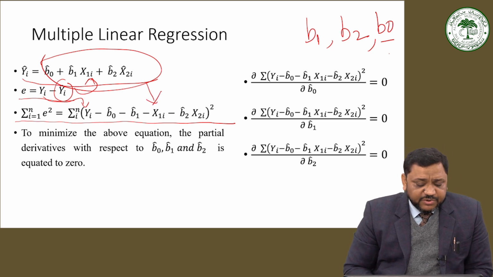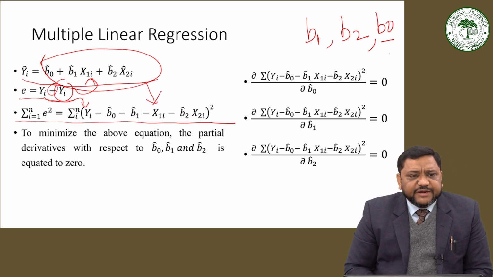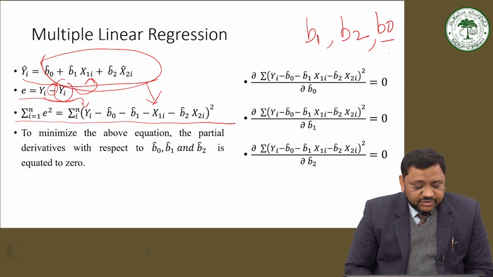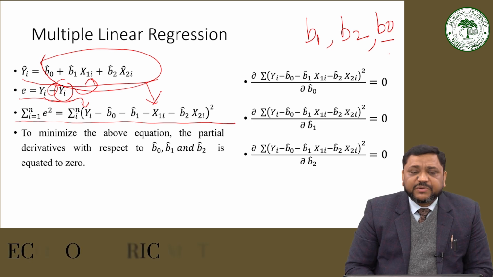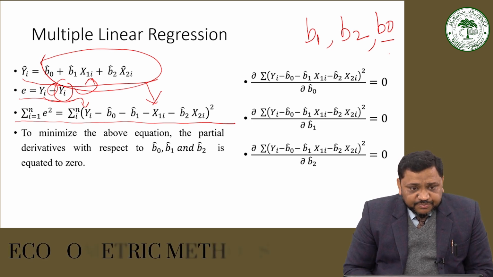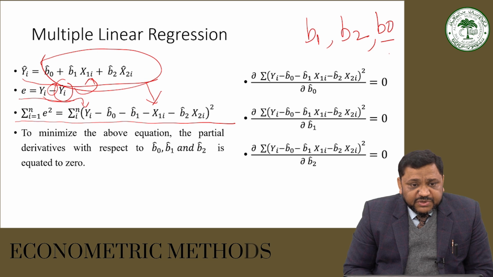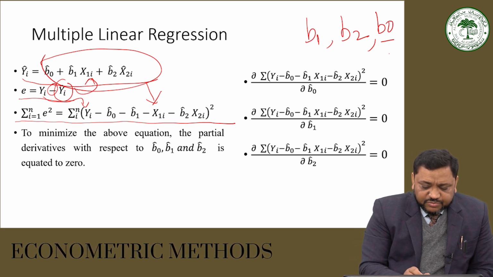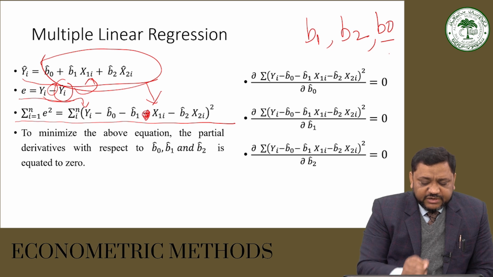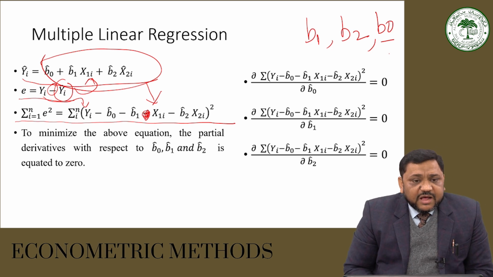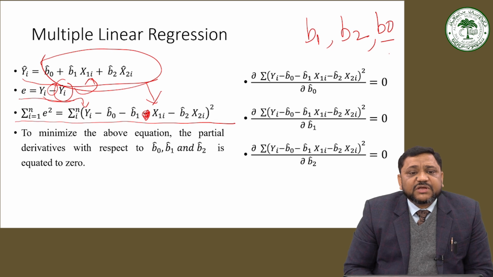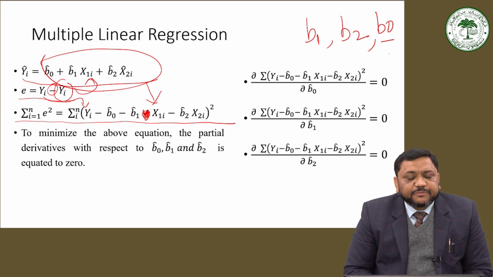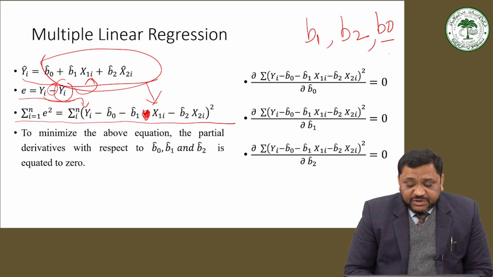The sign has changed because there is a minus sign. So now we have the function summation e square is equal to summation of yi minus b naught hat minus b1 hat x1i minus b2 hat x2i, whole square. Sorry, there is no minus sign over here between the terms; please ignore this minus sign. That's a mistake.